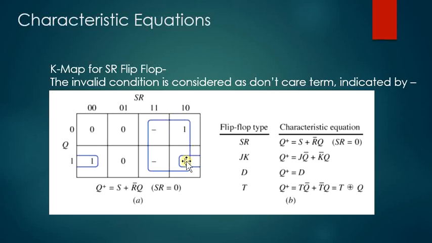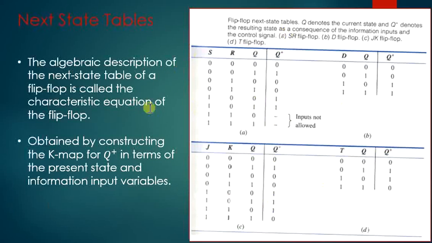So this particular group of 4 variable Karnaugh map will give me the expression S, whereas this group will give me the expression R bar Q. In a similar manner, we can obtain the various characteristic equations for JK flip-flop, D flip-flop and T flip-flop from the function table that I have indicated here.